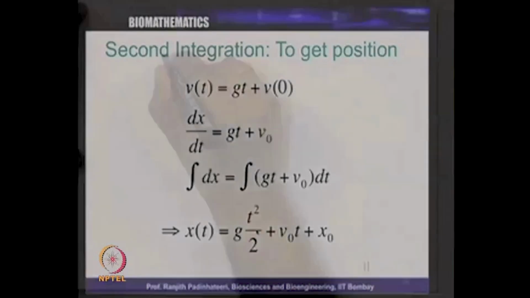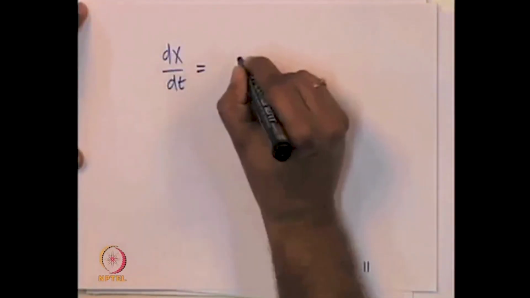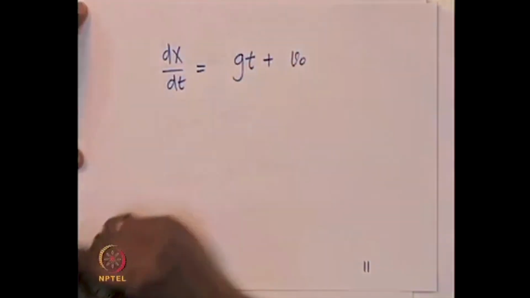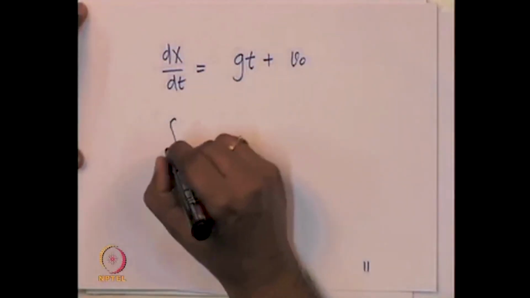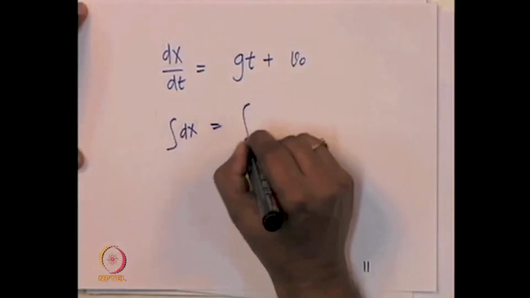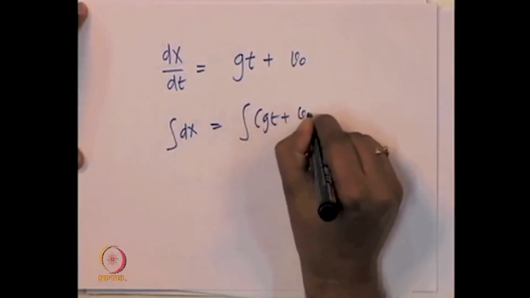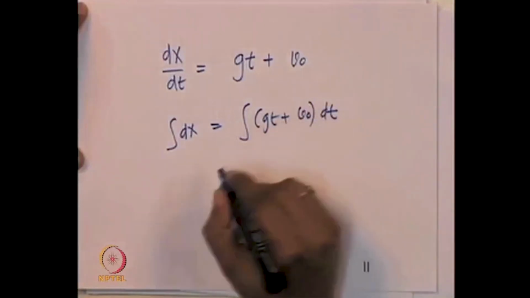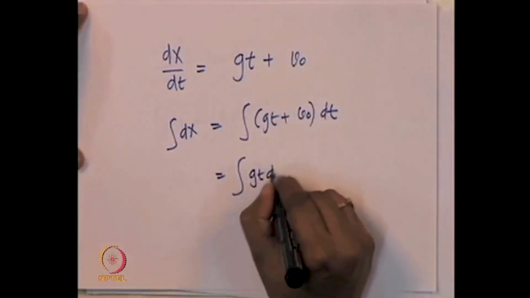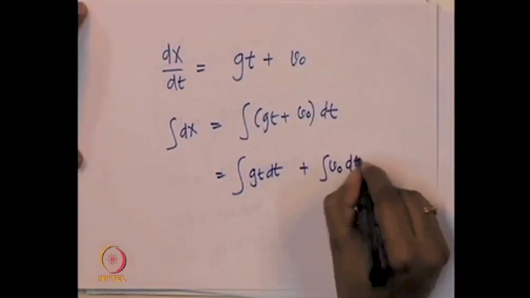We had this equation, dx by dt is equal to g t plus V 0, and we multiply both sides by dt and integrate it. So, integral of g t plus V 0 dt is integral g t dt plus integral V 0 dt.